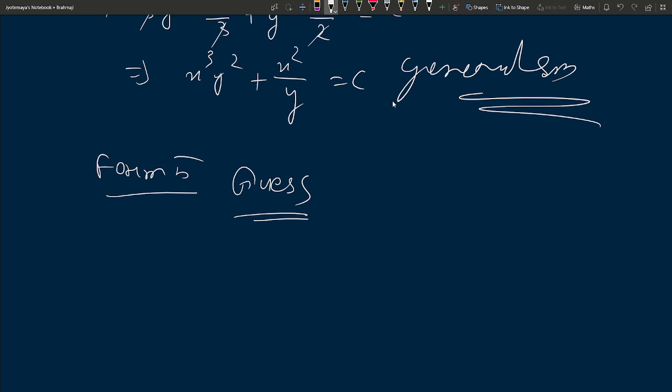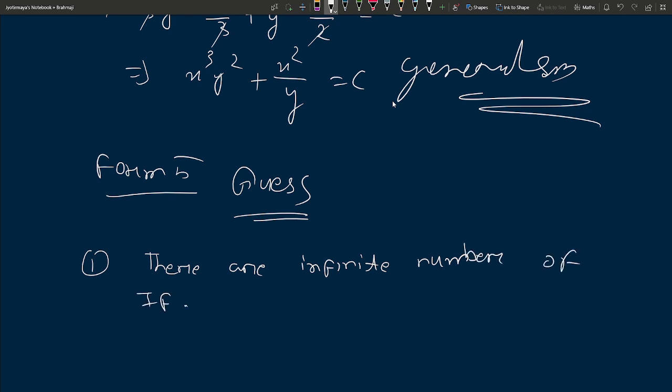Okay, and there is one more thing to remember. There are infinite number of integrating factors, if the equation is integrable.